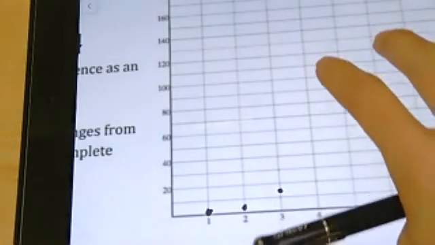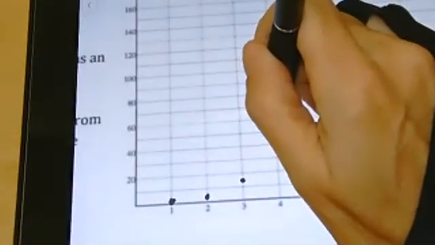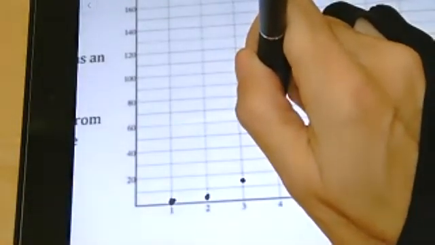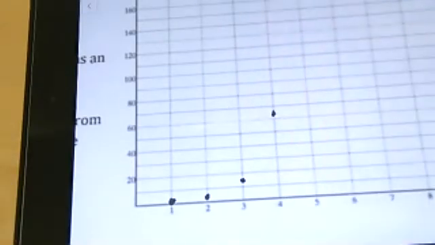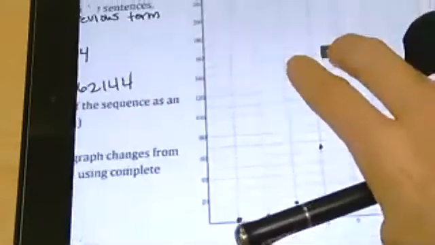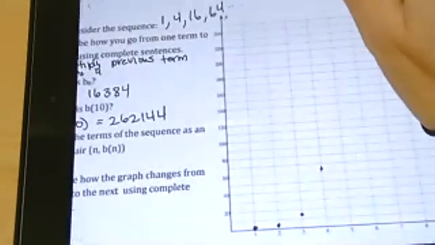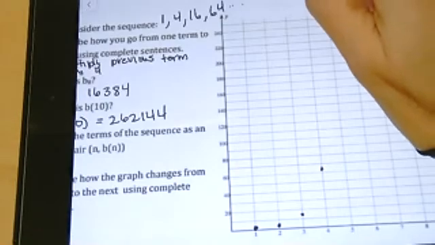Term 4 is 64. So 60, 70, so 64 is about right there. And term 5 is 256. If you take that and multiply by 4, you get 256, which is just off the graph here. So I'll put it up there.